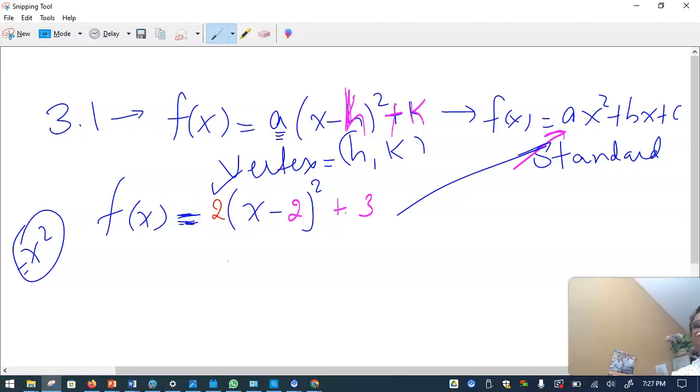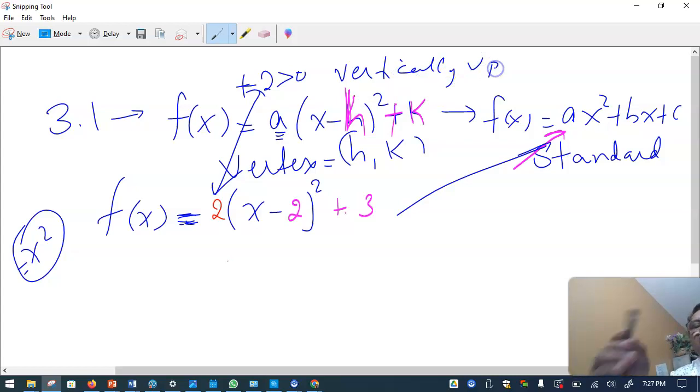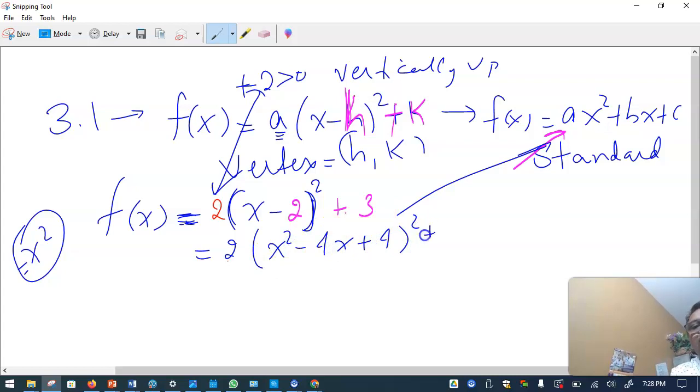This 2 is positive, greater than 0, so it stretches vertically upwards. Now I want to use x minus 2 squared, so that will be x square minus 4x plus 4, the whole thing times 2, plus 3.